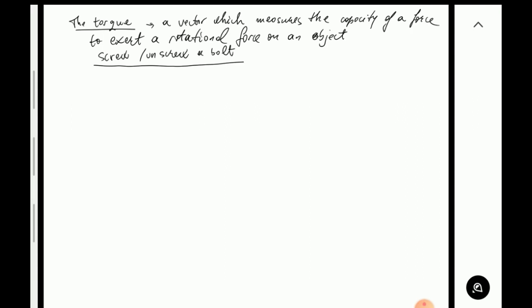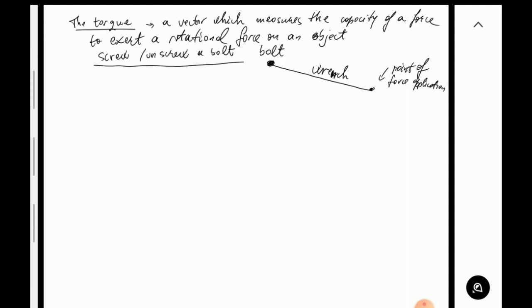So the model with the bolt: suppose over here we have the bolt, and let's say this is a wrench, a rigid wrench, and here is the point of force application.